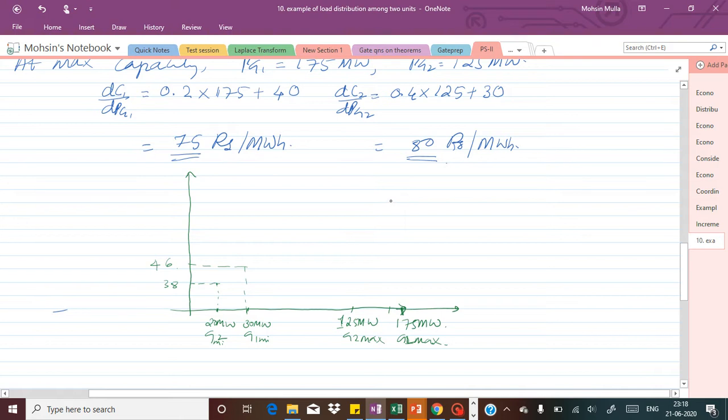for generator 1 the cost is 75, and for generator 2 the cost is 80.